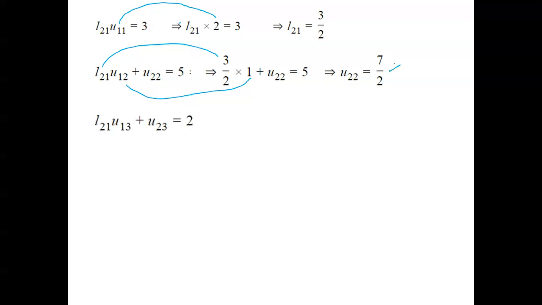In the same way, we take L21 into U13 plus U23 equal to 2. So L21 equal to 3 by 2 plus U13 equal to 1. That is calculated. This is the L21 value. Next U13 is 1. So U23 value is 2.